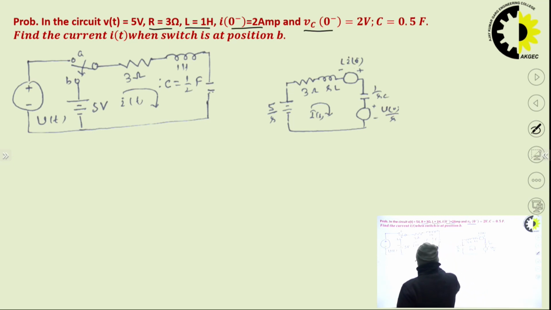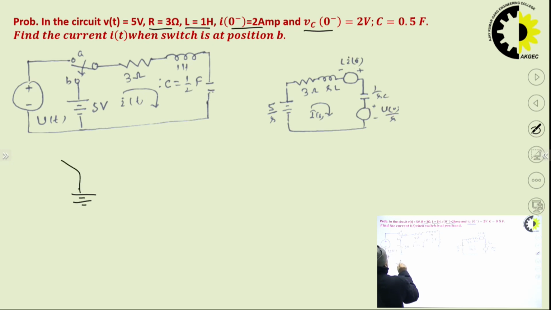This is the 5 volt DC, so basically this is 5 u(t). We know that for t greater than or equal to 0, u(t) is 1.